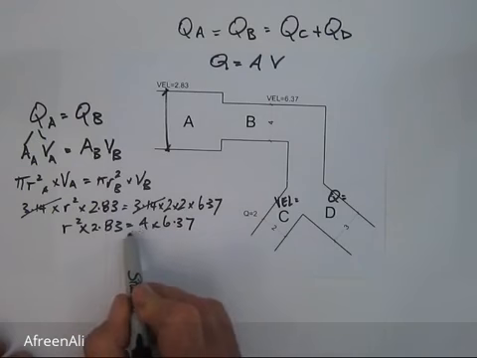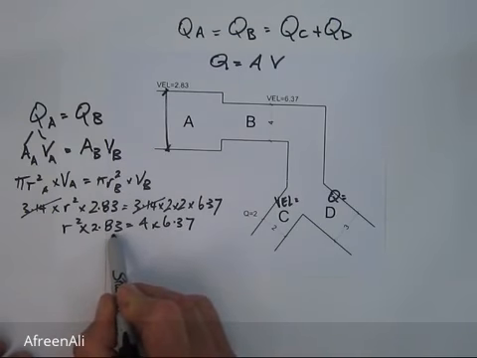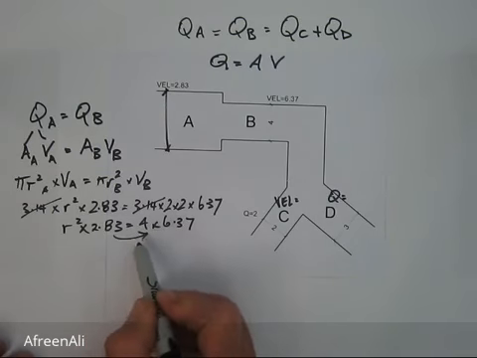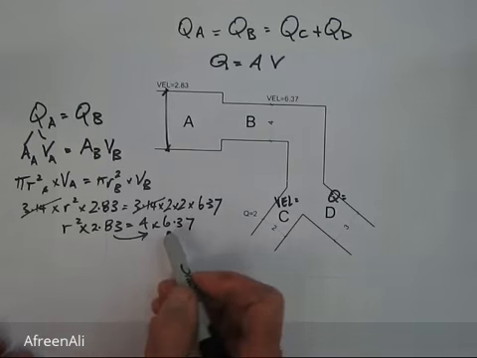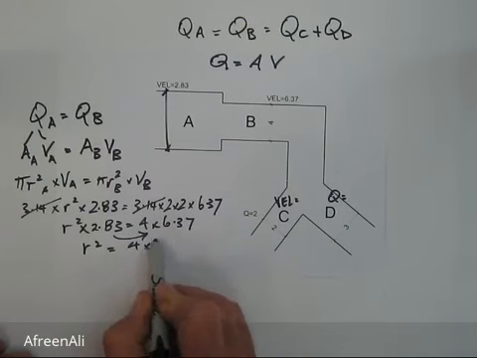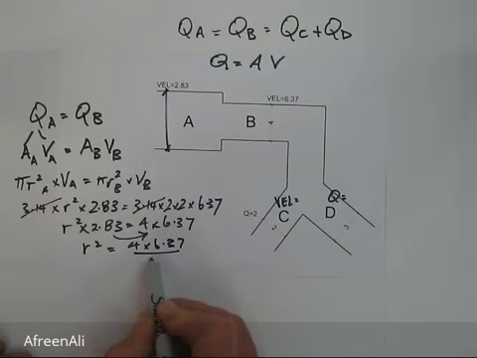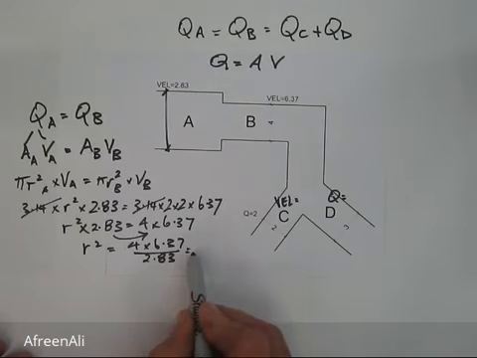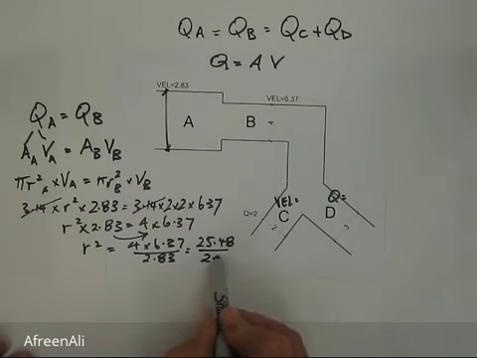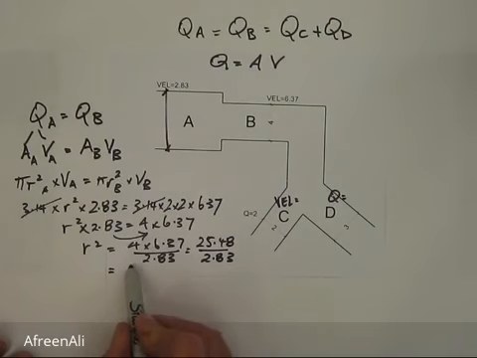So I'm going to transpose by taking the 2.83 and putting it underneath that equation. Multiply becomes divide, so that becomes r squared equals 4 times 6.37 divided by 2.83, and if I calculate that it becomes 25.48 divided by 2.83, which is equal to 9.